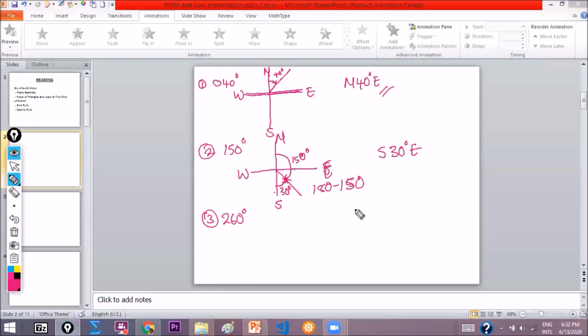It's quite easy now. I got south 10 degrees west. Okay, south 10 degrees west. Timmy, what's your answer? South 10 degrees west. Is that what you're also getting? Yes. Okay, let us do this together.